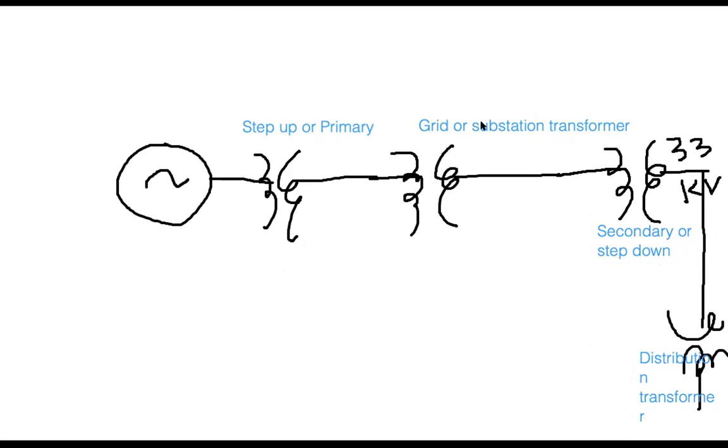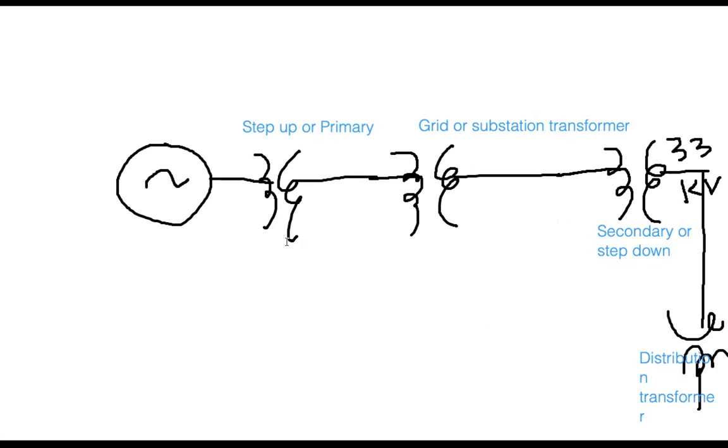So these are the four types of transformer. All are called power transformers because they are all at a high power level. The consumer is much further at the bottom. There is another small transformer, which converts 11 kV to whatever voltage you need, like 120 volt for a single phase system. So everybody keep that in mind.